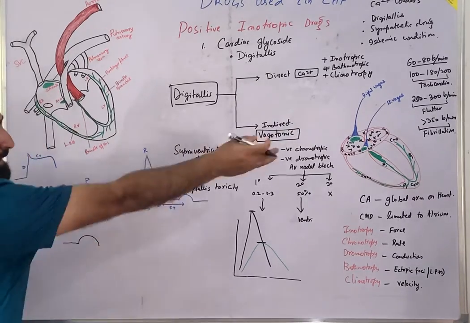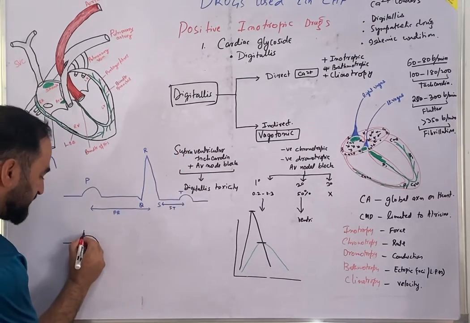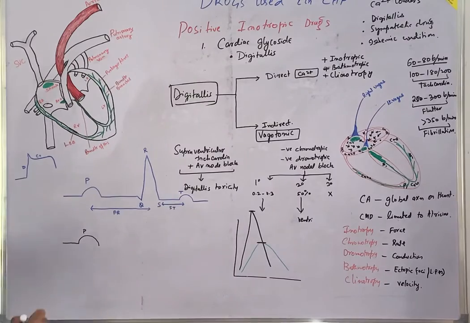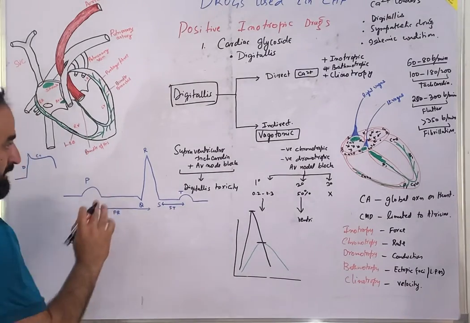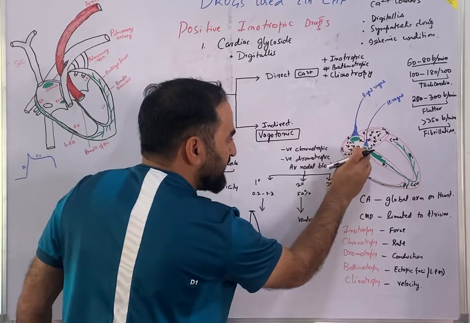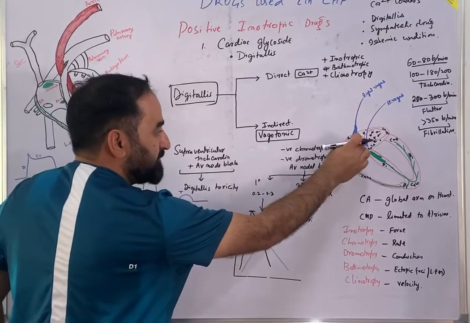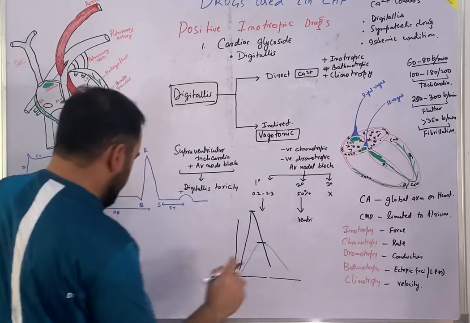So atrial depolarization, the atria will contract there. That P wave is there, that is, contraction is there, but there is delay in the conduction of the impulse from the AV node to the ventricles.